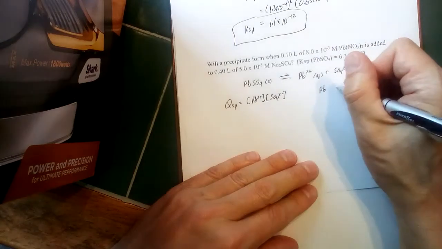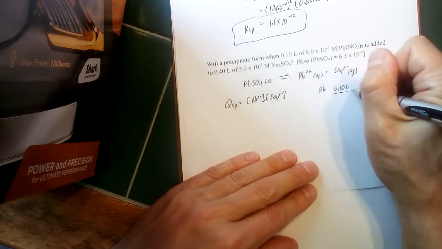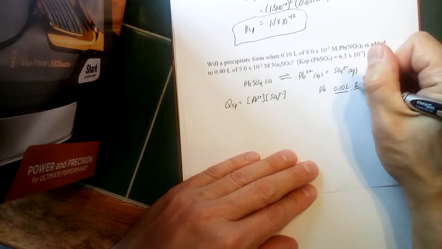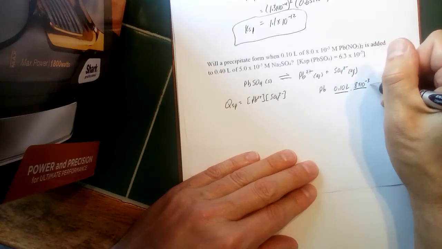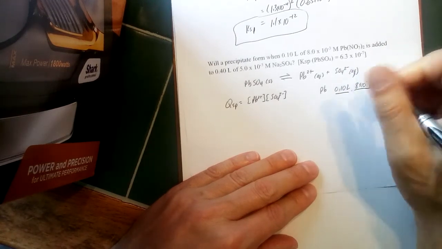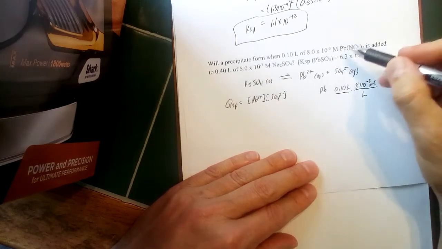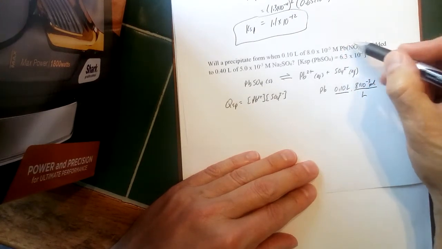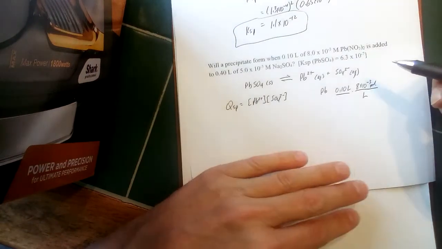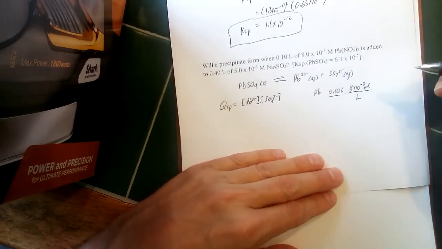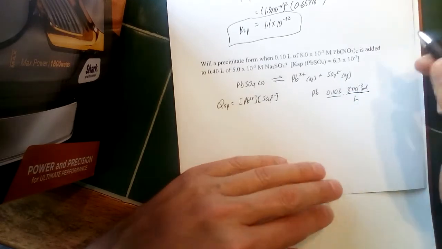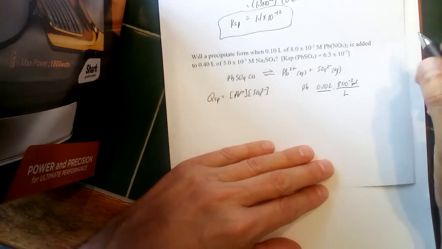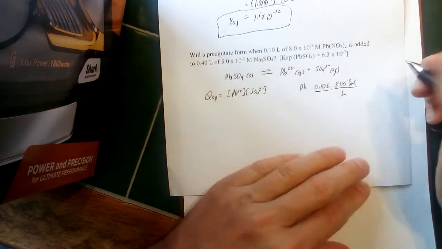Now for lead, we start with 1/10 of a liter. The molarity of the lead is 8 times 10 to the minus third moles of lead nitrate per liter. Now there's one lead ion for every one formula of lead nitrate. So this calculation could be for lead nitrate or for lead ions, but since we're interested in lead ions, that's what we're trying to figure out here.